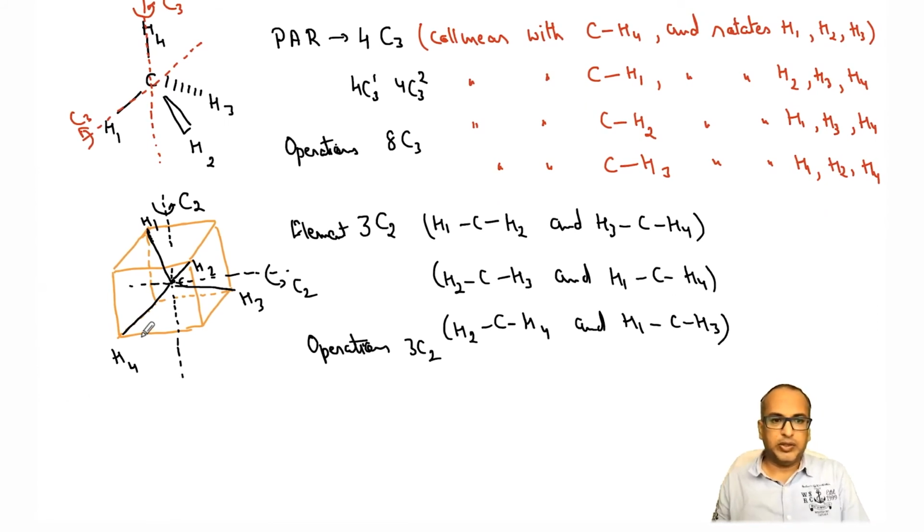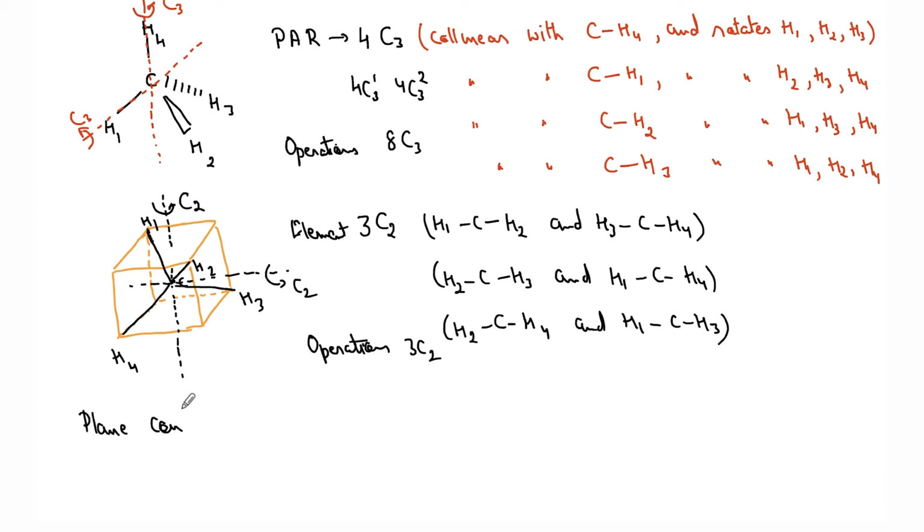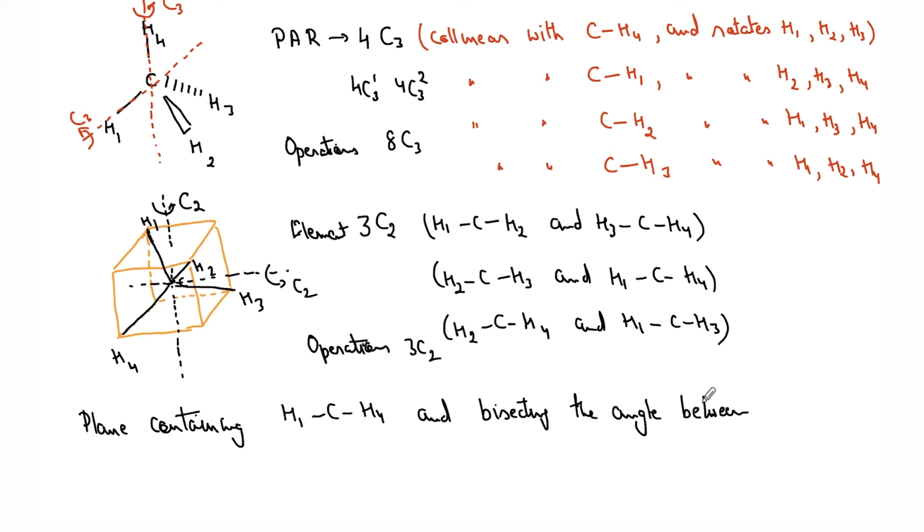If we try to list down the planes, we will see that there will be a plane containing H1, C, H4 and bisecting the angle between H2, C, H3.